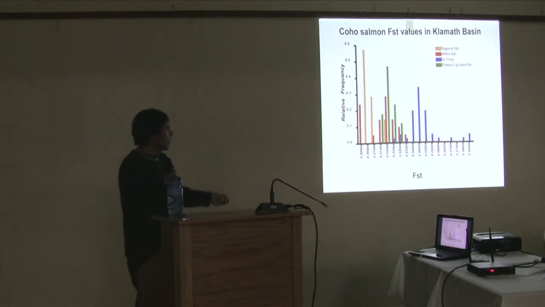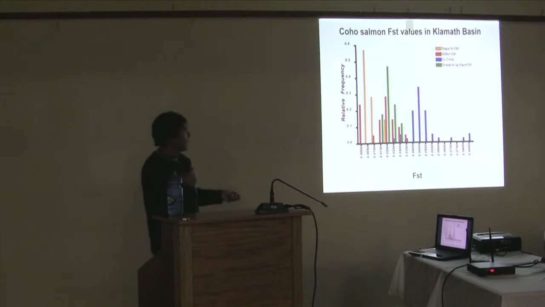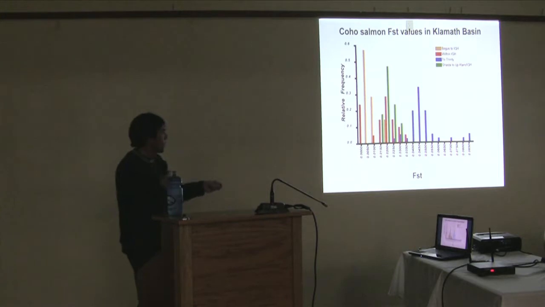And one needs to be quite careful about assuming too much or deriving too much inference from individual FST values for a variety of reasons I won't go into. But the patterns of FST values from different pairs of different types of populations can be informative.